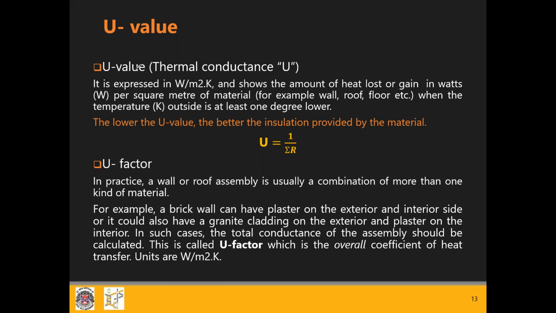U factor means the combination of the overall assembly. So what is U value? It shows the amount of heat loss or gain in watt per square meter of material when the temperature outside is at least 1 degree lower.